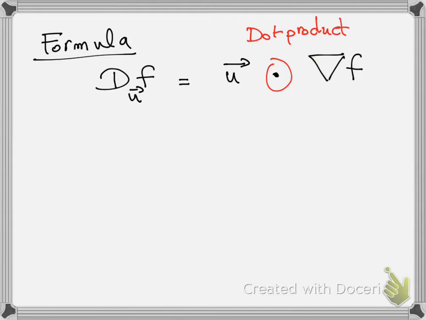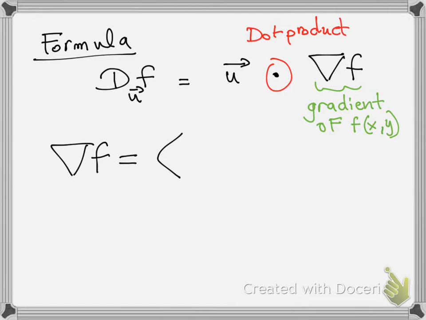This letter here, this triangle, is called nabla. So this thing here is called the gradient of f. And what's the gradient of f? Let's say f is a function of x, y. So the gradient of f, this nabla f, is the vector partial f partial x, partial f partial y.